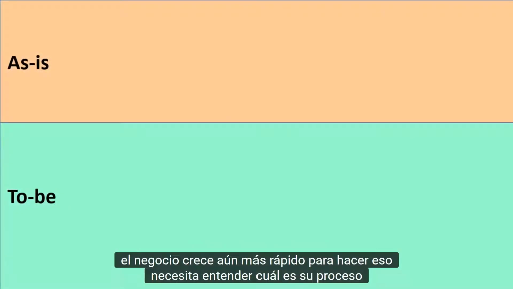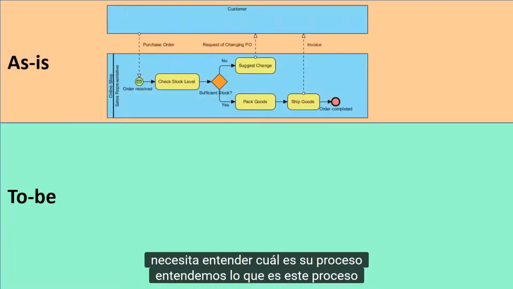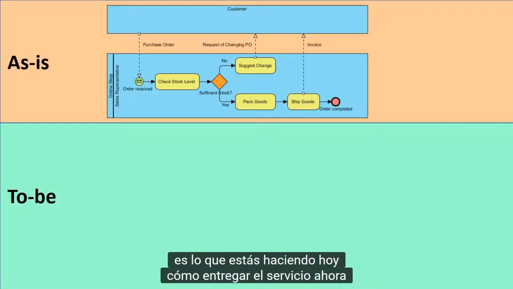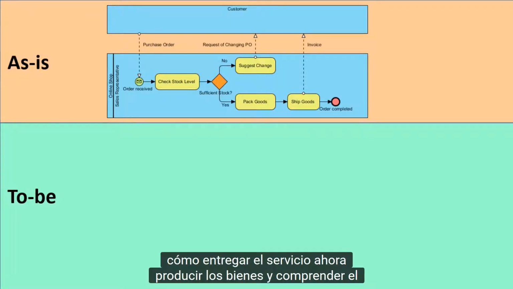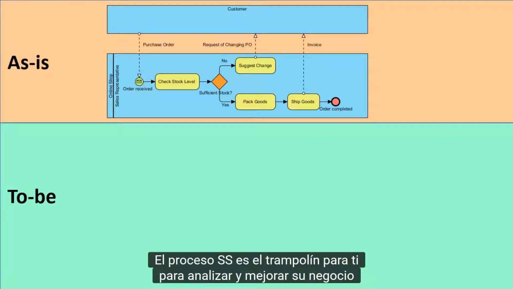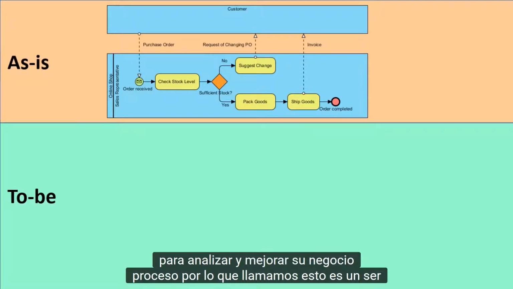To do that, you need to understand what your process is. So we understand what the As Is process is: what you're doing today, how you deliver the service, how you produce the goods. And understanding the As Is process is the stepping stone for you to analyze and to improve your business process.